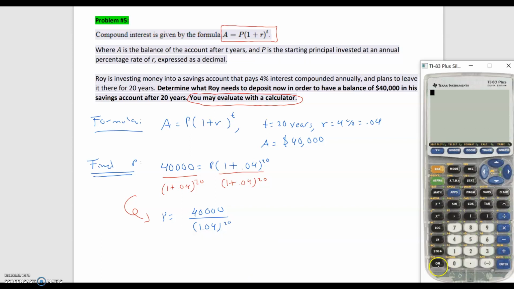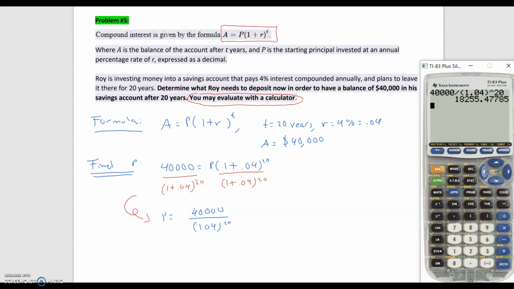And let me actually just run it here. I do need you to type it in to make sure that you're matching. So this will be 40,000 divided by, and we're going to need 1.04 raised to the 20th.